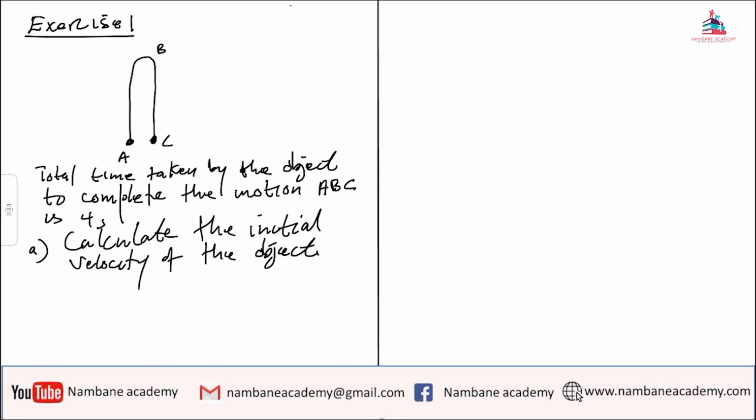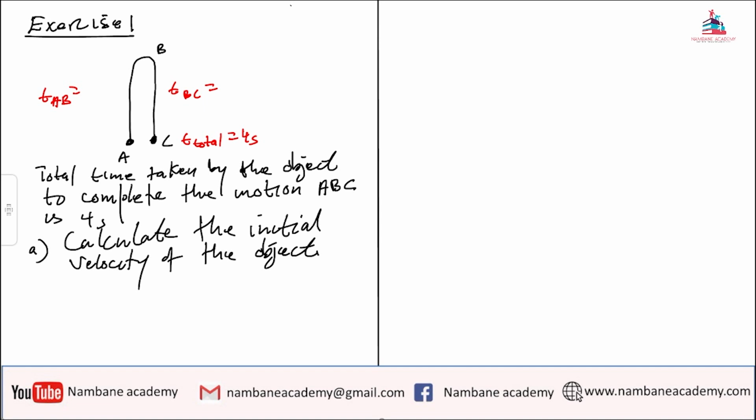Very, very important. First thing is to say I am told T total. Let's write it the right way. T total is equals to 4 seconds. What does it mean about TBC and TAB?